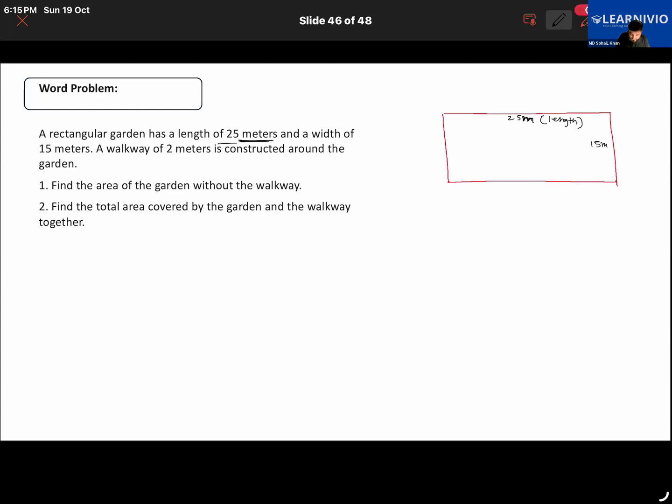Find the area of the garden without the walkway, but this is 25 meter length and 15 meter breadth. That formula is equal to what, perimeter? Perimeter is 2 into L plus B.